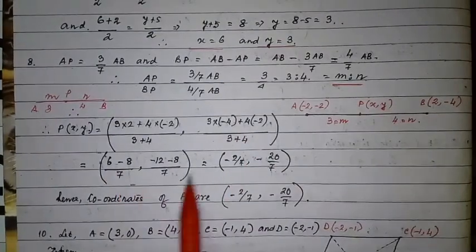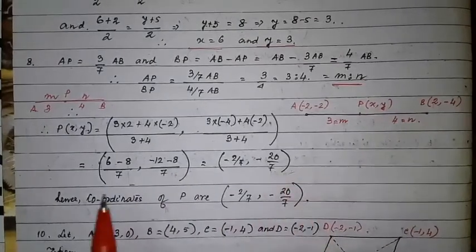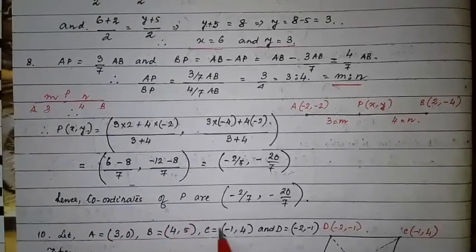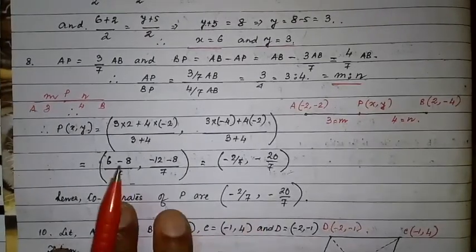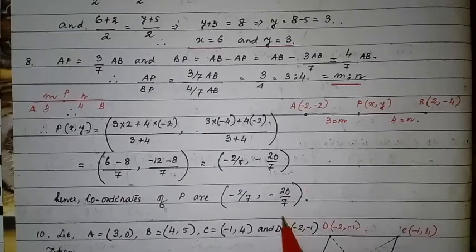So we get -2/7 and -20/7. Hence, the coordinates of P are (-2/7, -20/7).